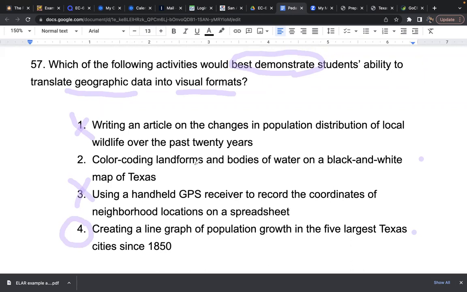Number 2 is just color coding landforms and bodies of water, so just coloring the ocean, coloring maybe the state of Texas and neighboring states different colors. That doesn't translate geographic data into visual formats. Here they're taking data, the population growth in 5 Texas cities, and transferring that into a line graph, which is a type of visual.